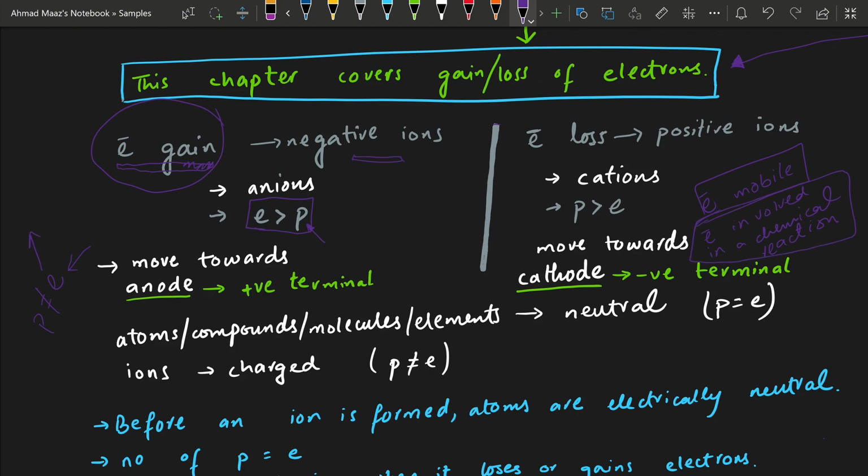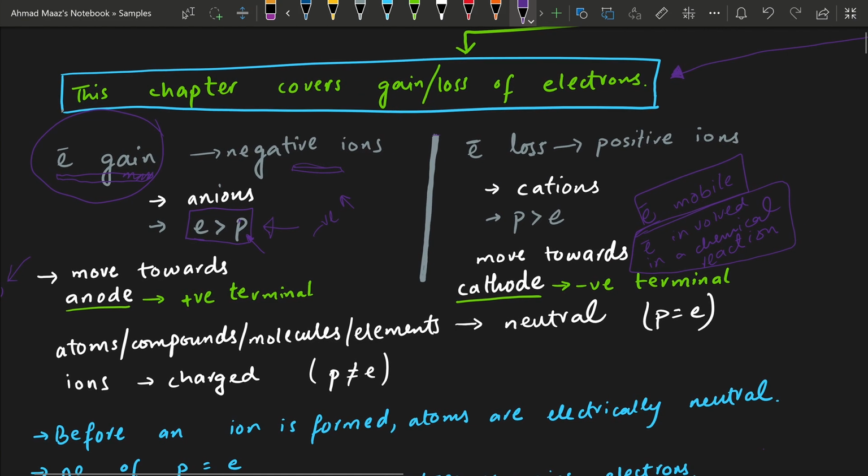Only electrons are responsible for that. That is why only electrons either enter an atom or leave an atom. The number of protons remains the same in a nucleus. So when electrons are added, the number of negative charges is increased. That is why electrons are more than the protons, so the overall negative charge increases.